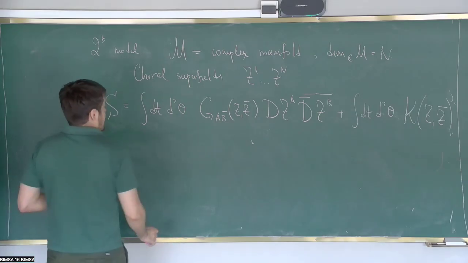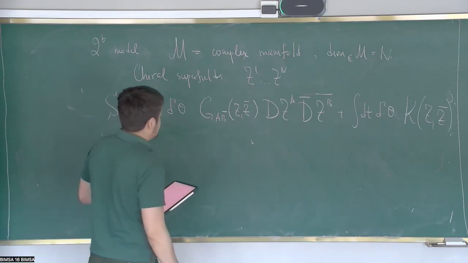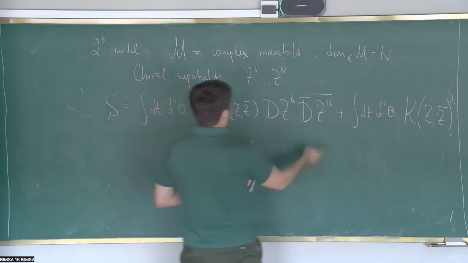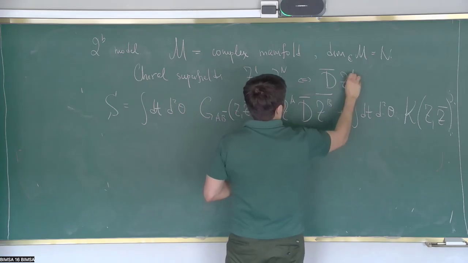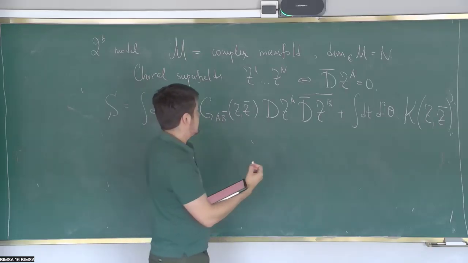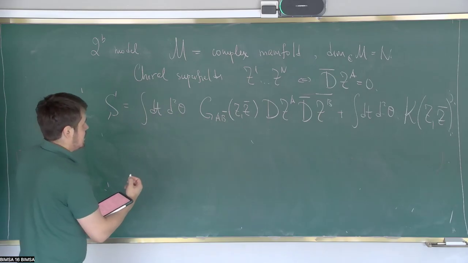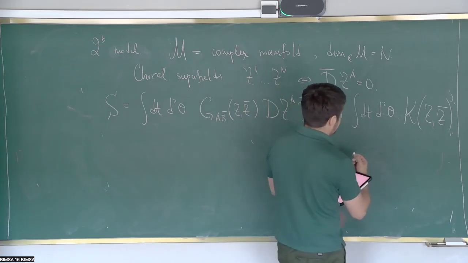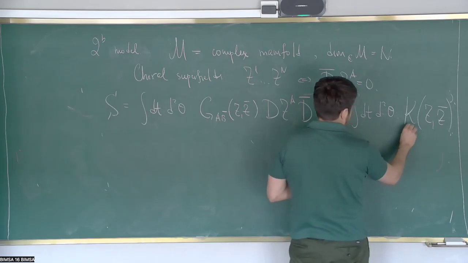Here there are two ingredients. Notice that these fields are chiral, so that means d bar A equals 0, so it only makes sense to write it like this. We'll see it also gives a sigma model with some additional terms. The superpotential, the real superpotential that we had last time, is replaced by what is called a Kähler potential.